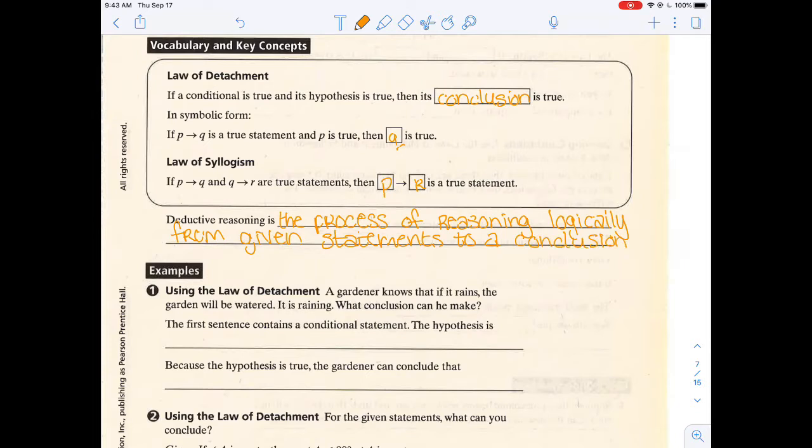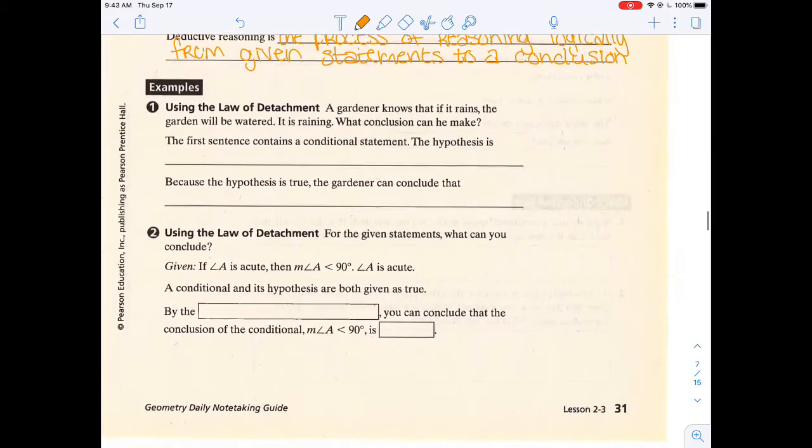So we use the information they give us to figure out what is going to happen. So let's check out some examples to see how this works.